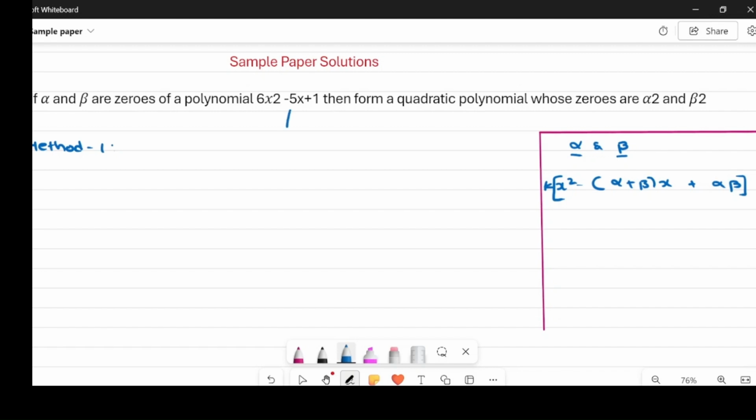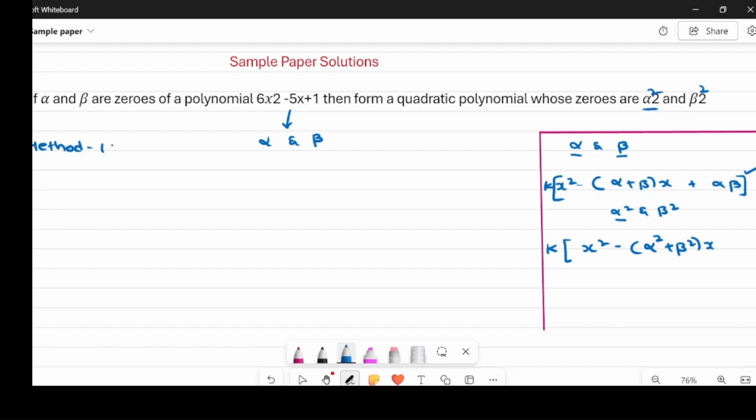So we can factorize this and then find the values of alpha and beta. And now we want a quadratic polynomial with zeros as alpha square and beta square. If alpha square and beta square are the zeros, then our required quadratic polynomial will be k into x square minus, in place of alpha we have alpha square now, so alpha square plus beta square into x.